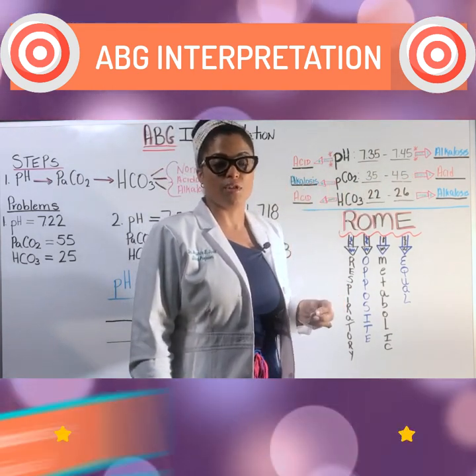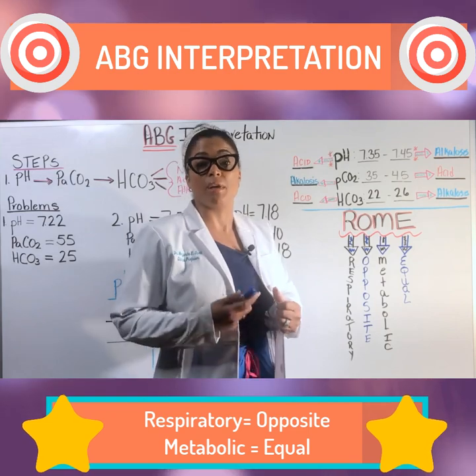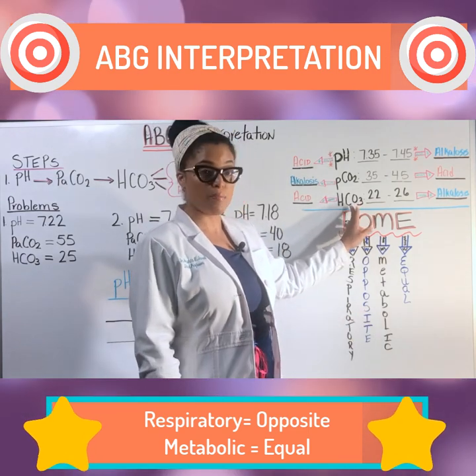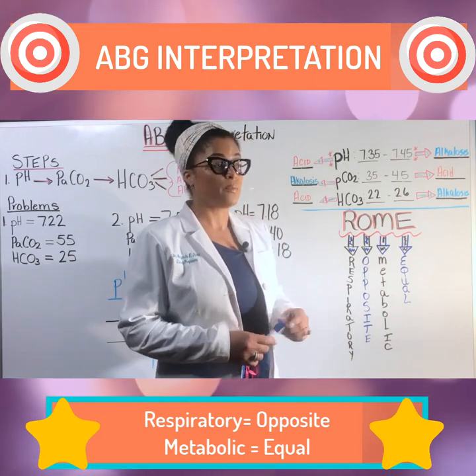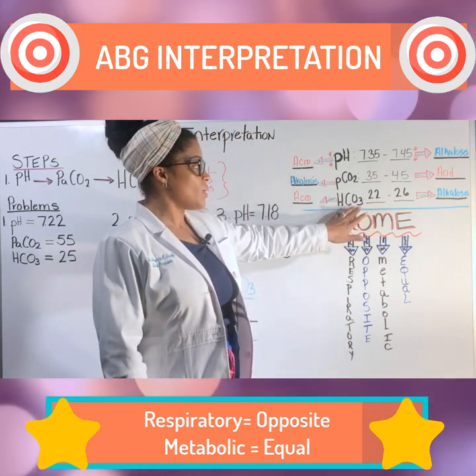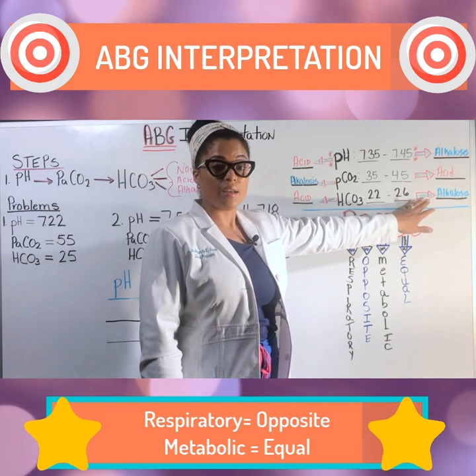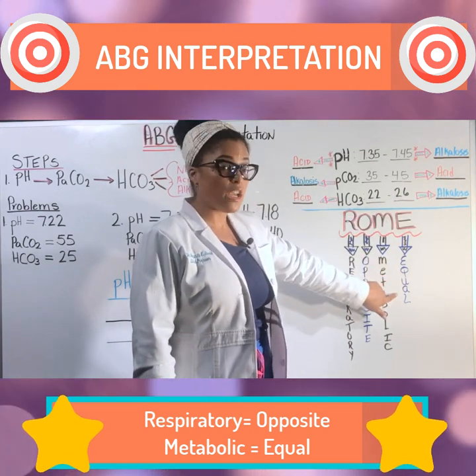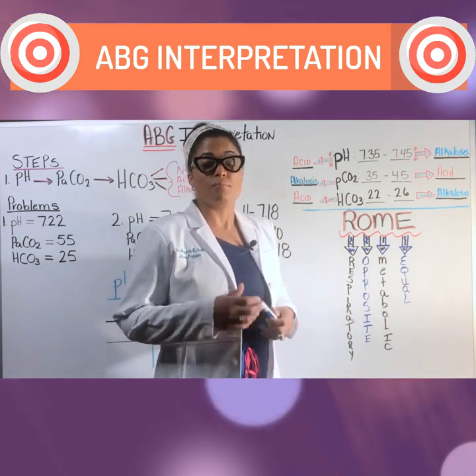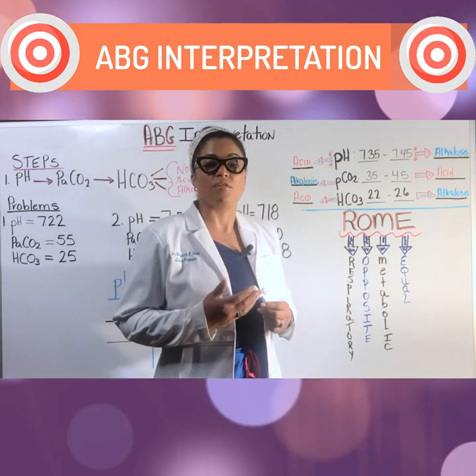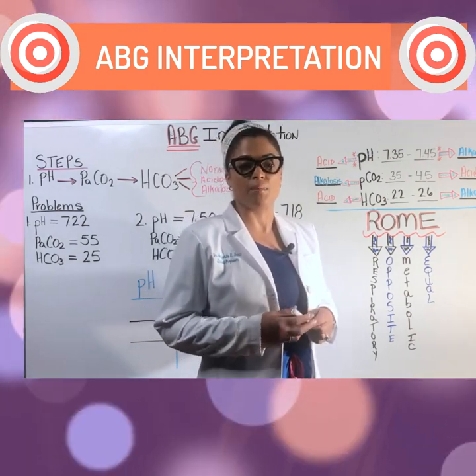Another example is metabolic, which stands for the bicarb. If I have a patient with metabolic alkalosis, my bicarb is going to be high, and because it goes equal to my pH, the pH is going to be high. So in metabolic alkalosis, you're going to have a high bicarb and a high pH.